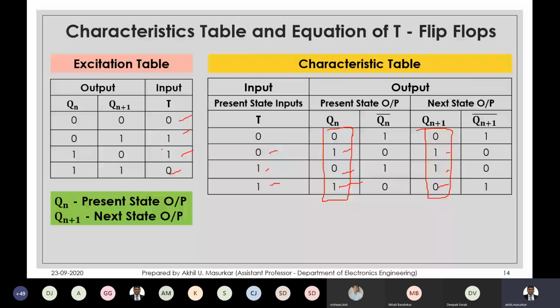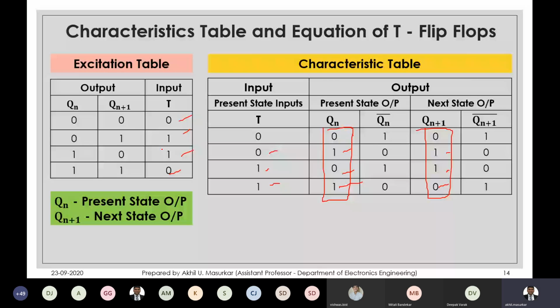So many times you may have a JK flip-flop, but you may not have T and D flip-flops. Or you may have T flip-flop, but you may not have JK and D flip-flops. So is there a way to do the conversions between the flip-flops? That is the question. And that is why we have to go to the next thing, that is to see the conversions between the flip-flops. So let me go to the summary of the excitation tables.